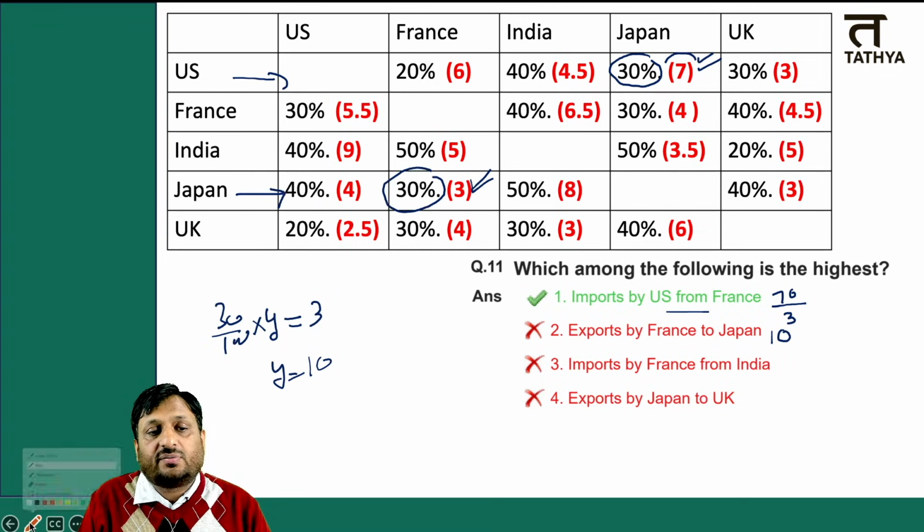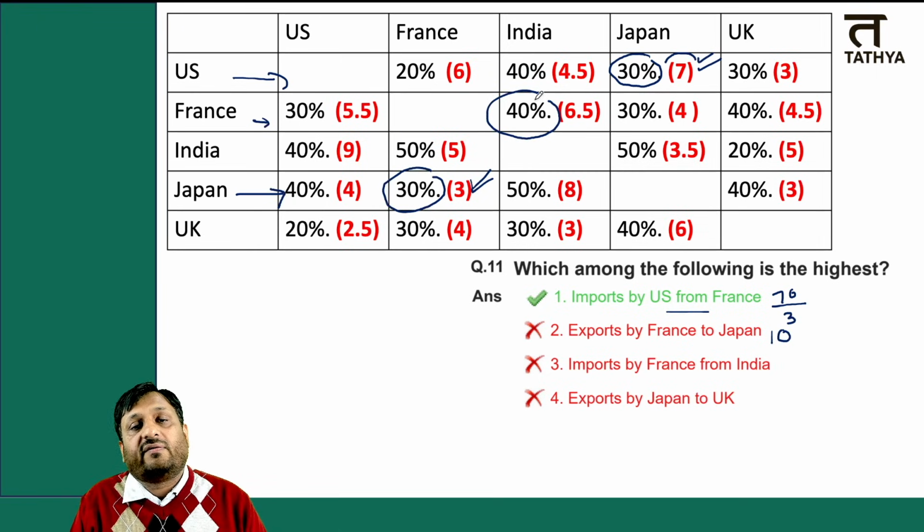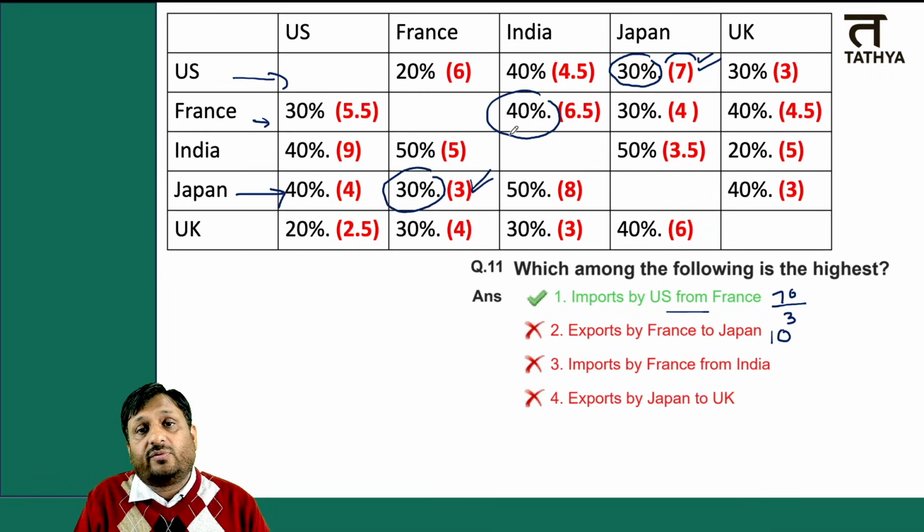Let's check the third option. The third option says import by France from India. So how much import duty is France charging from India? France is charging 40% import duty from India. Everyone is beating India here. So France is charging 40% import duty, and France is earning $6.5 billion.